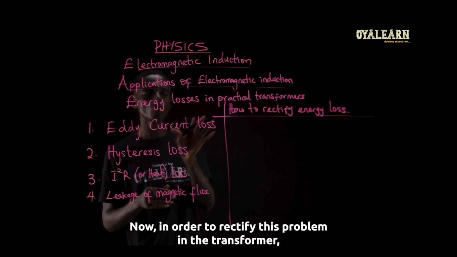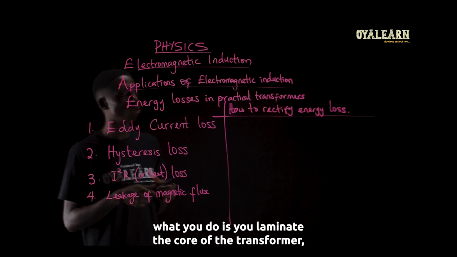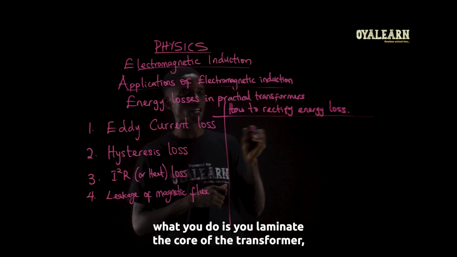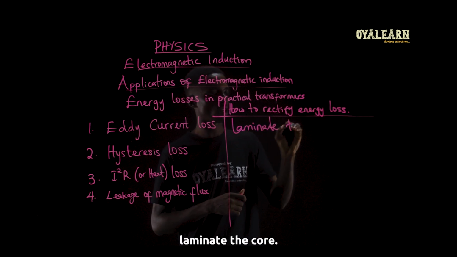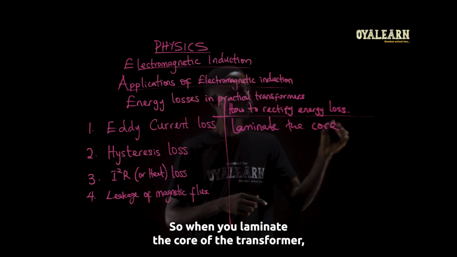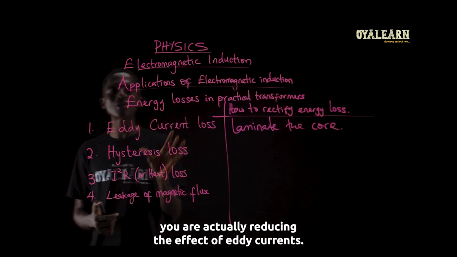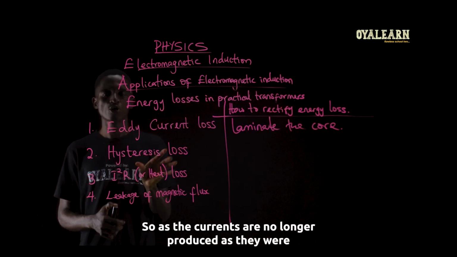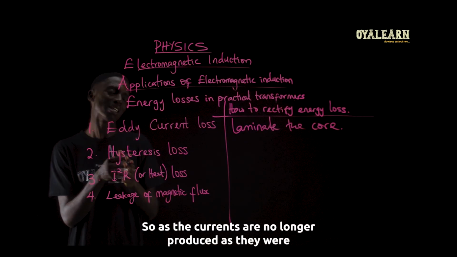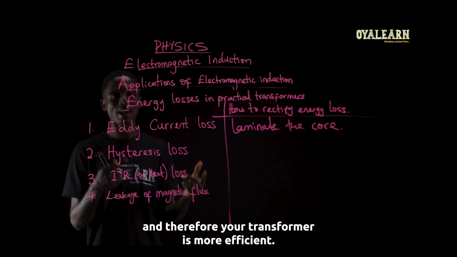In order to rectify this problem in the transformer, what you do is laminate the core of the transformer. When you laminate the core, you are actually reducing the effect of eddy current. So eddy currents are no longer produced as they were, and therefore your transformer is more efficient.